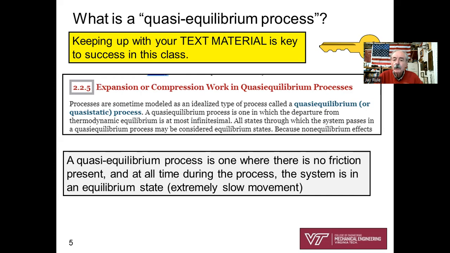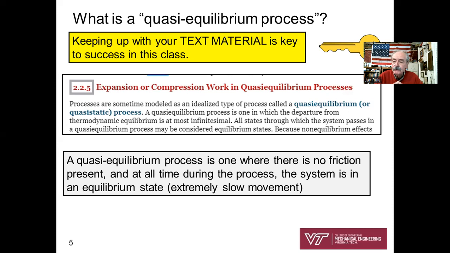For example, a quasi-equilibrium process. I wasn't familiar with that before I started as a student in thermo, but here I really want you to go and look at your textbook to understand what a quasi-equilibrium process is. When you see that key word, quasi-equilibrium process, it means it's a process in which there's no friction present.